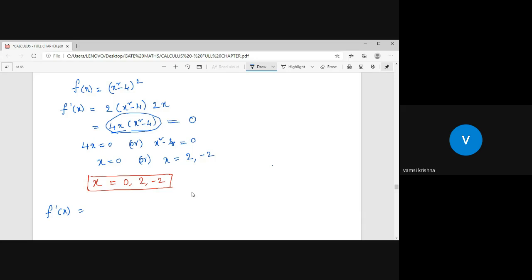So 4x into x square is nothing but 4x cube. This is my f dash of x. Minus 4x into 4 is 16x. This is the actual f dash of x. Now let us find f double dash of x from this.